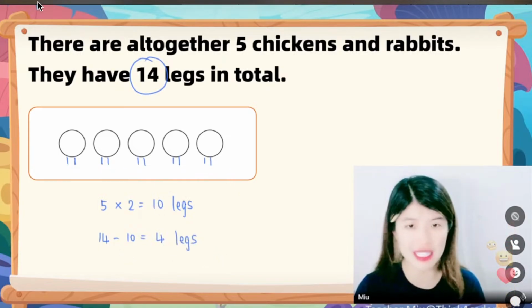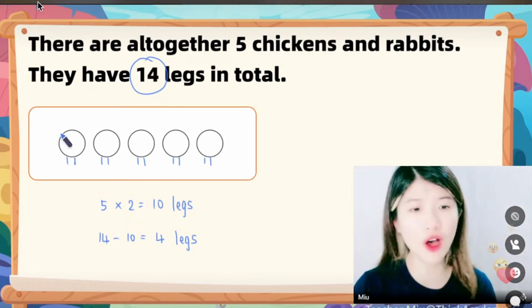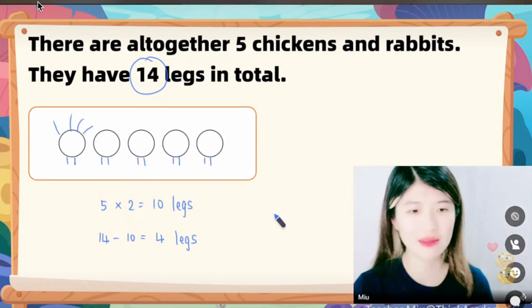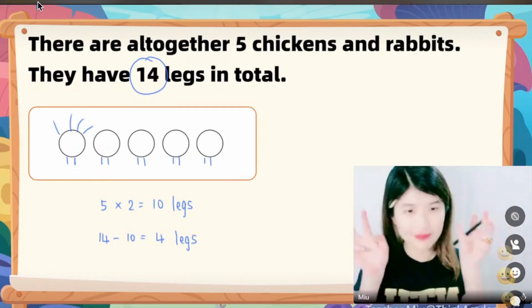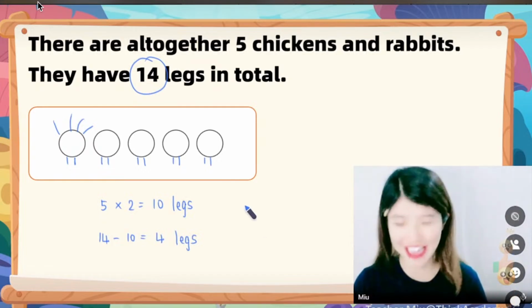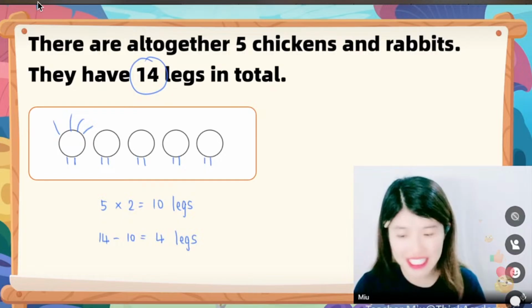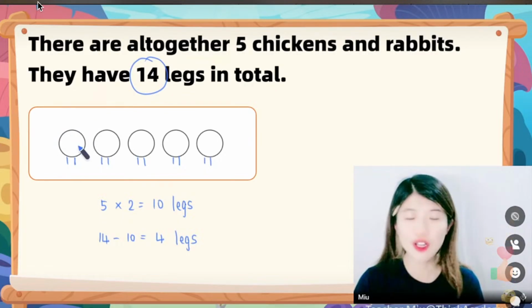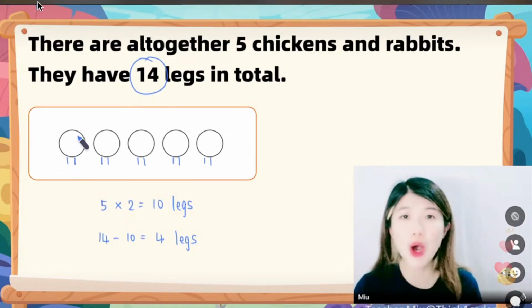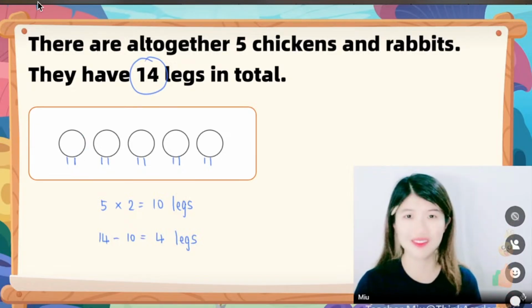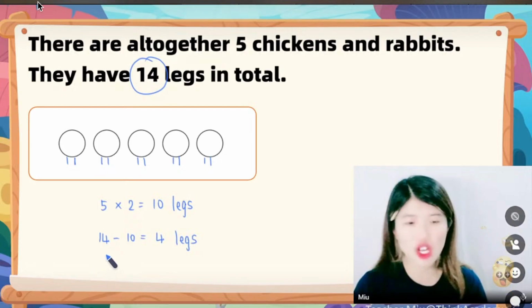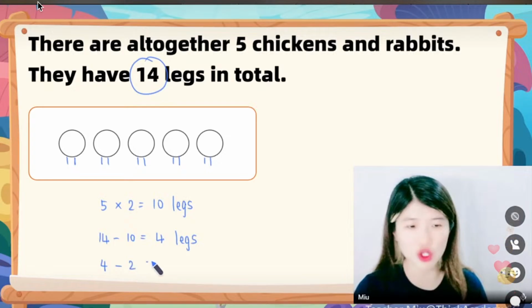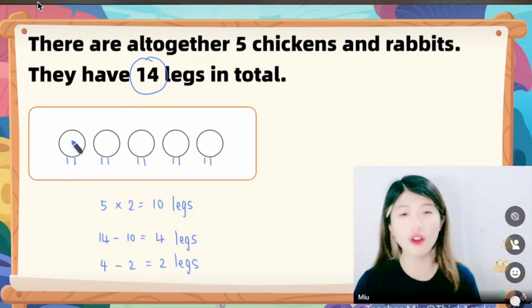For these 4 legs I didn't draw, where should I put them? Can I put all the 4 legs on one head like this? It makes it a crab. Definitely cannot, right? For the rest of the heads, how many more legs can we give? You see that, right? Each of the rabbits can have 4 legs, so there must be 2 more legs that we can give to each head.